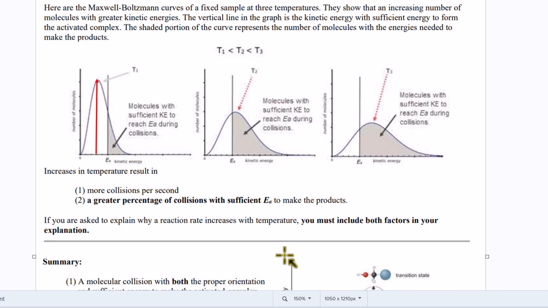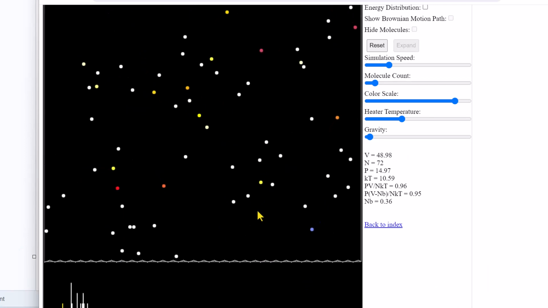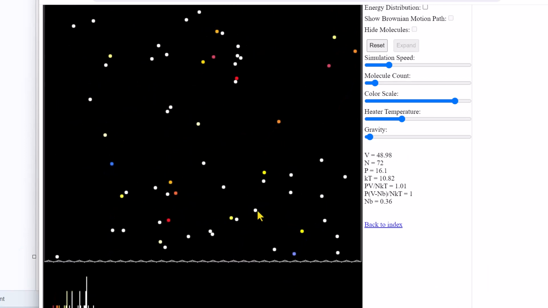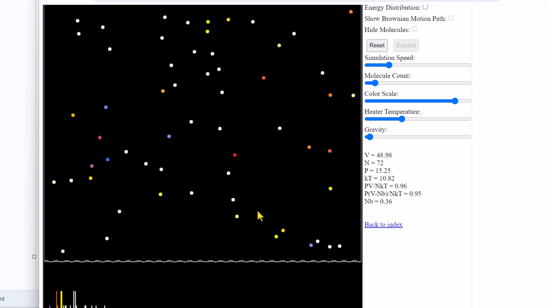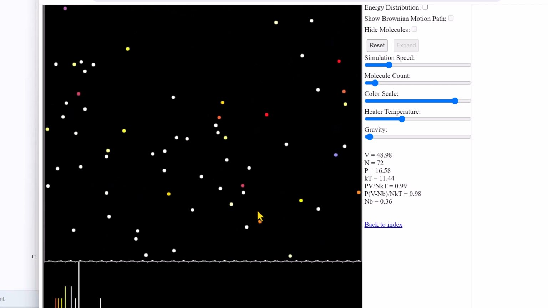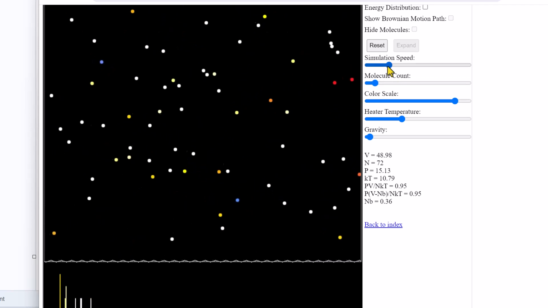I'm going to go now to a simulation. Paul Falstad made this. It's a Java applet. And this is molecules bouncing around, and they have kinetic energy. This is sort of fun to watch. This is at a given temperature. This is a simulation speed.